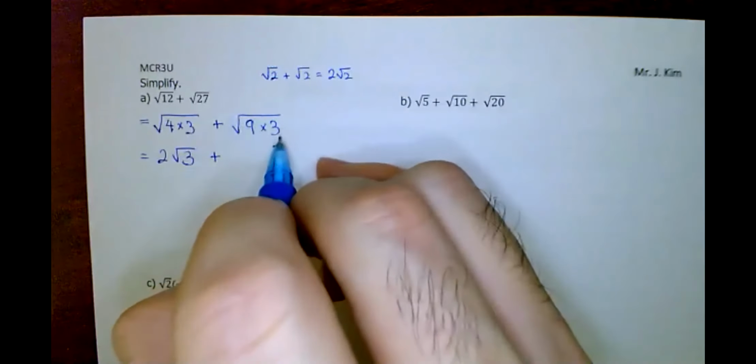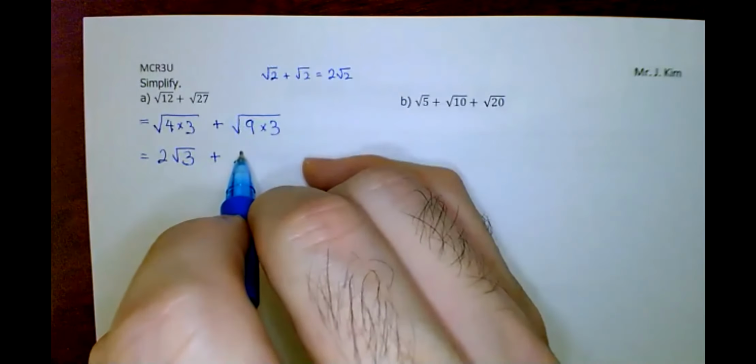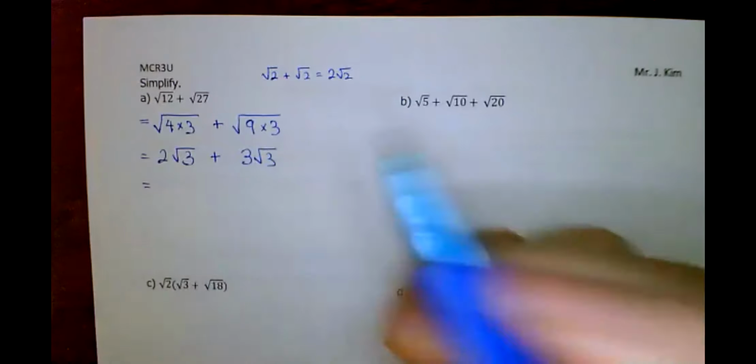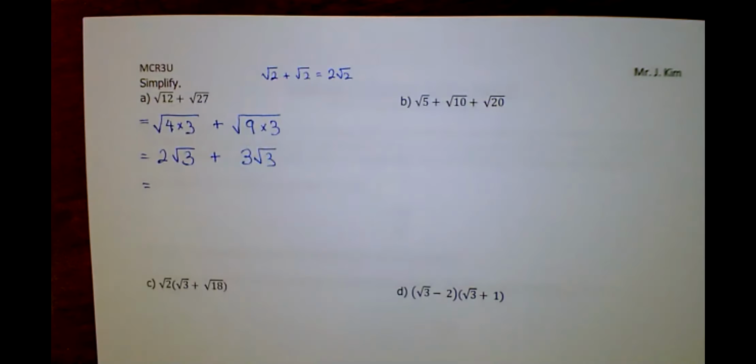Root of 9 times root of 3. When you do it in simplest terms, you actually find that they can be written with the same radical. Kennedy, can you finish that off?